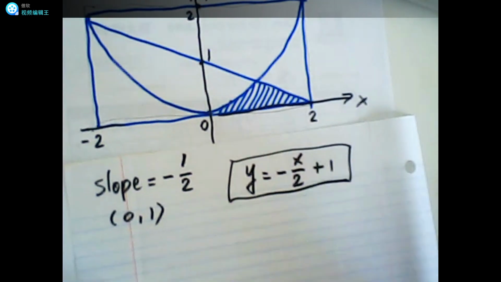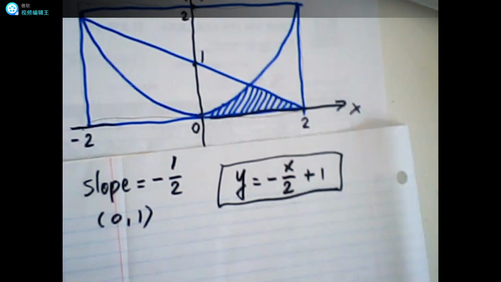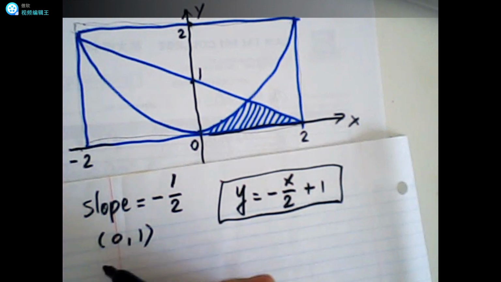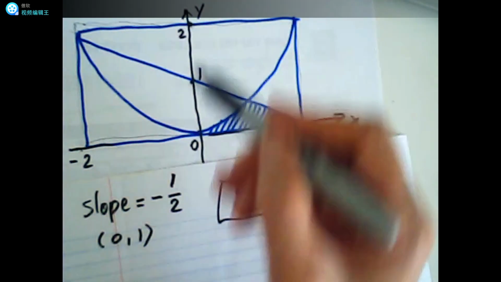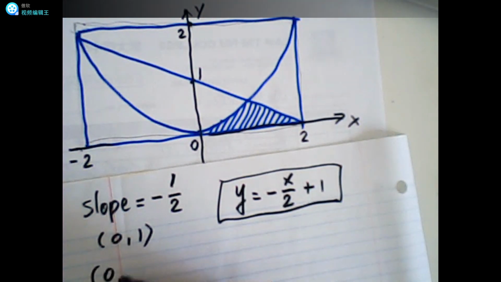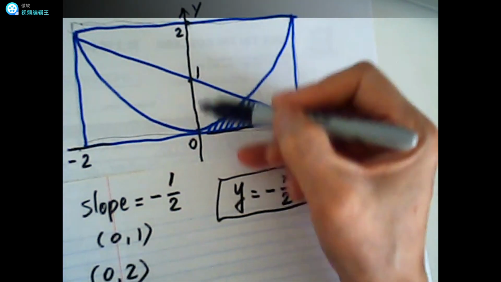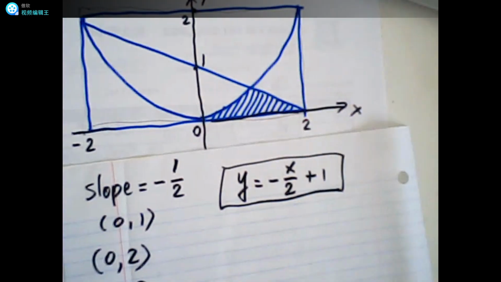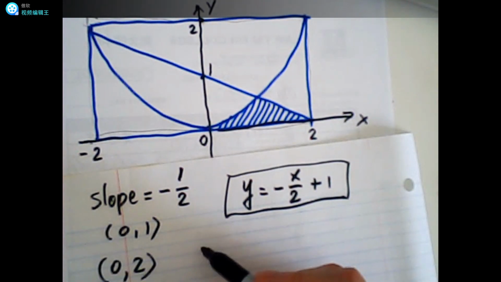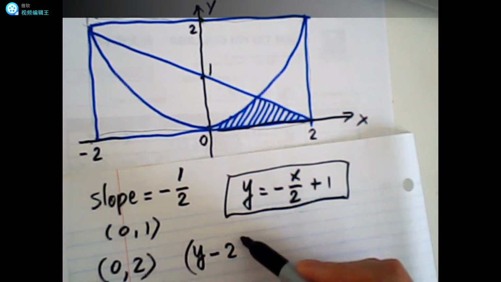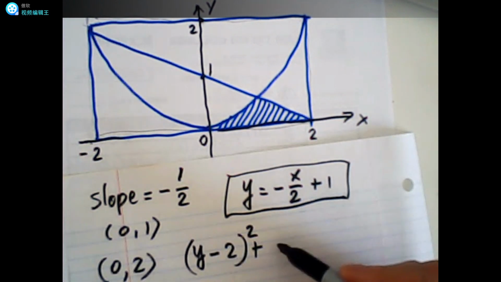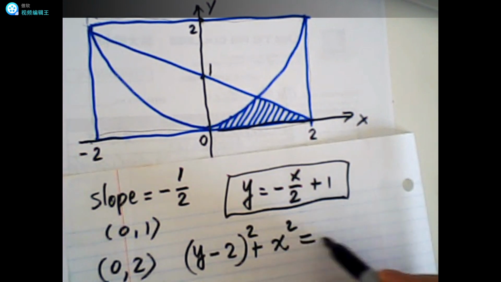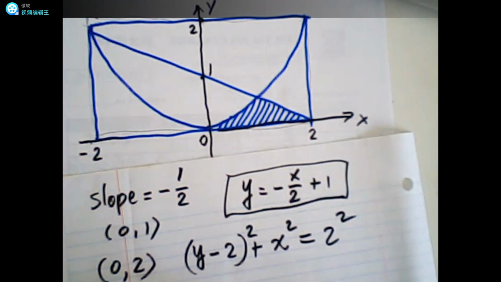Now, for the semicircle, we need a center. The center is (0, 2). The radius is 2. Therefore, the circle is (y minus 2) squared plus (x minus 0) squared equal to 2 squared.